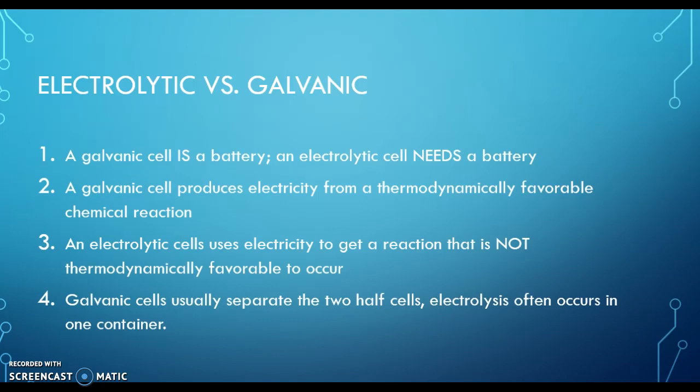A galvanic cell produces electricity from a thermodynamically favorable chemical reaction, whereas an electrolytic cell uses electricity to get a reaction that is not thermodynamically favorable to occur. And also, just on a practical sense, the galvanic cells usually separate the two half cells into two separate containers, while electrolysis is often done in a single container.